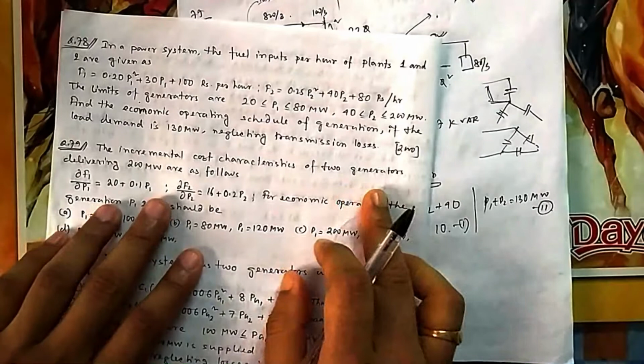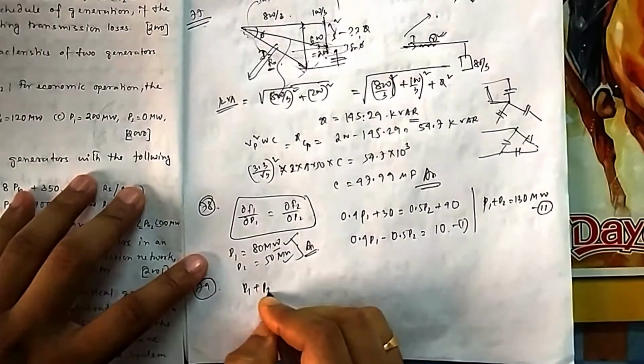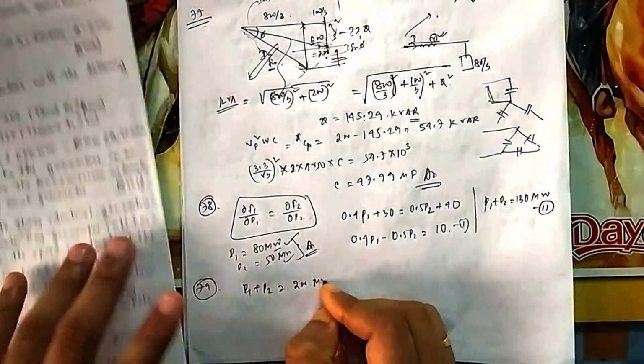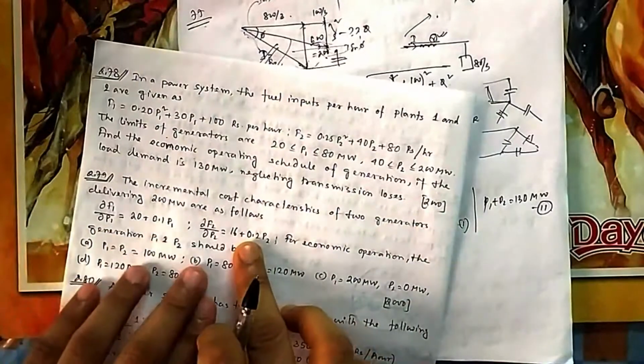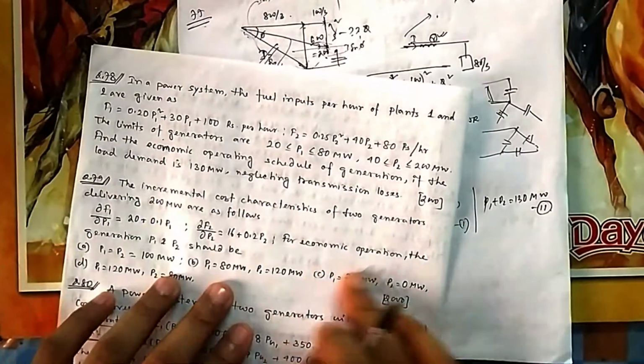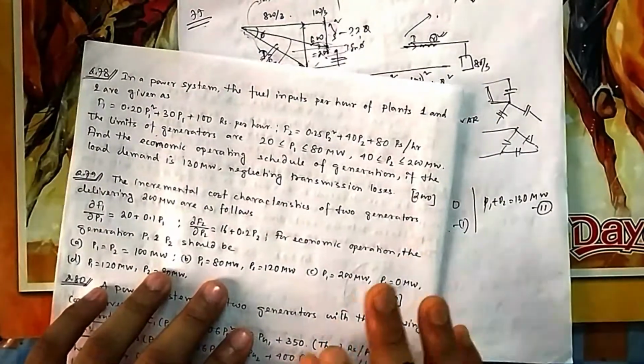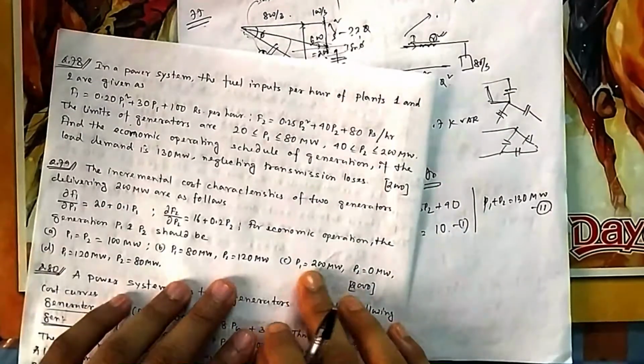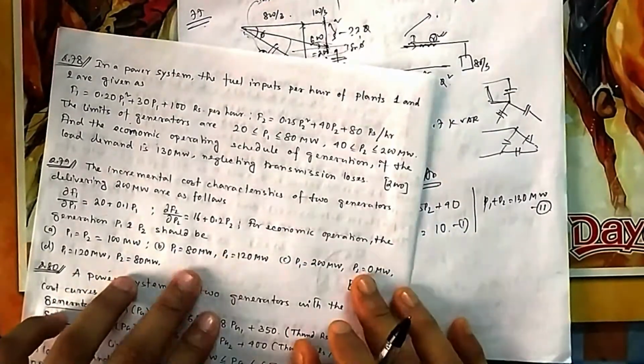Now in 79, there are the cost characteristics of two generators delivering 200 megawatt power. So P1 plus P2 is equal to 200. This is your first equation, because that should be satisfied, and also these two should be equal, and there is no generator limit, so no need to check. So first you check both are giving 200 or not. All options are given.